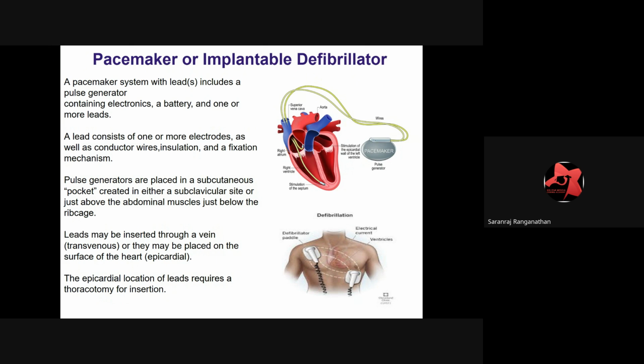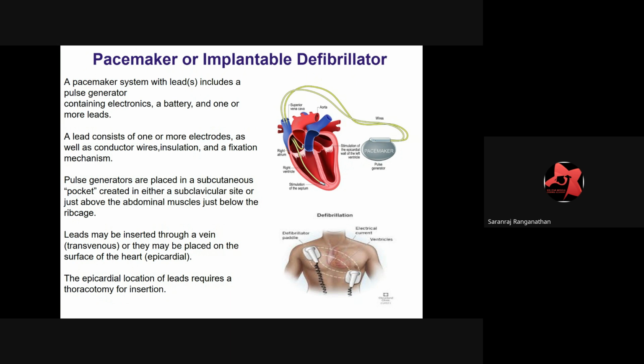Then next one, pacemaker or implantable defibrillator. What a pacemaker means: a pacemaker system with leads includes a pulse generator containing electronics and batteries and one or more leads. So usually a pacemaker is used to maintain the heart rhythm. Some patients have bradycardia, some patients have tachycardia. In bradycardia the cardiac pumping won't be in the normal range, that pumping will be slow.